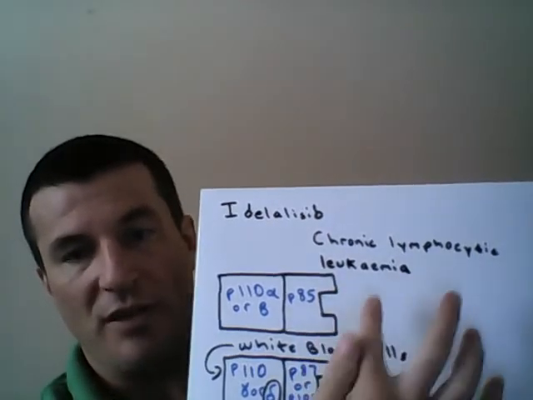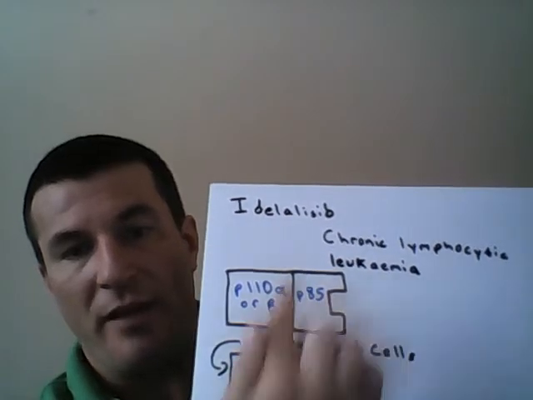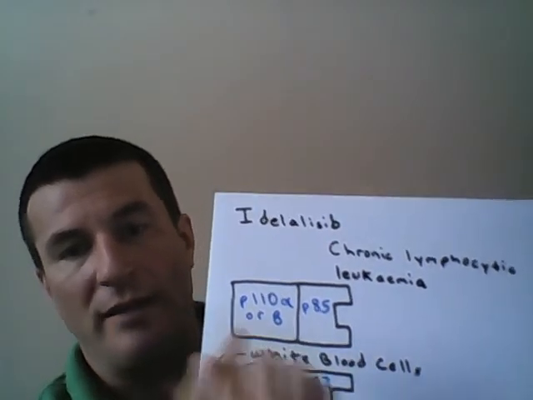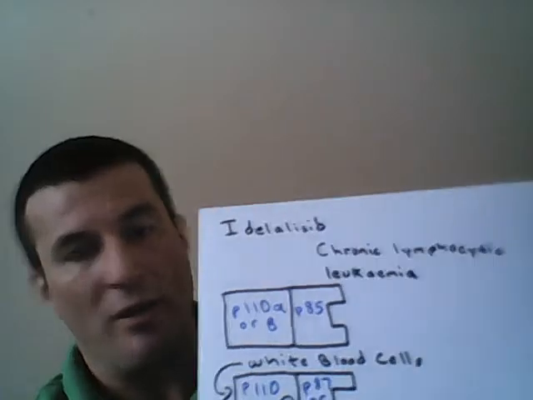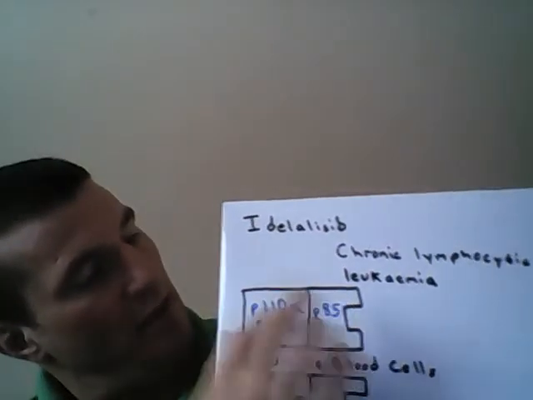It's the regulatory portion right here, P85, which will bind to receptor tyrosine kinase, and then it will activate the catalytic portion. Now you see a lot of numbers here like P85, P110, and you hear a lot about P53, particularly if you look into cancer. What these numbers represent is its mass, not weight, because weight is something different, but its mass in kilodaltons.